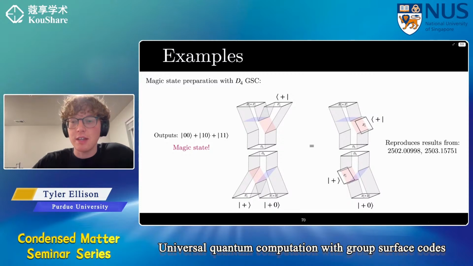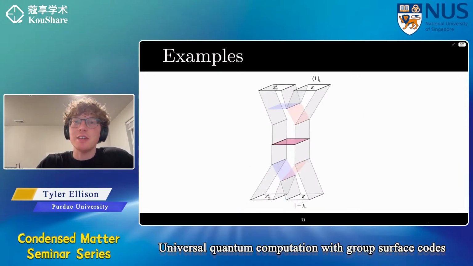At a high level, what it does is it takes an H group surface code and a K group surface code, and turns it into a group surface code for a larger group.